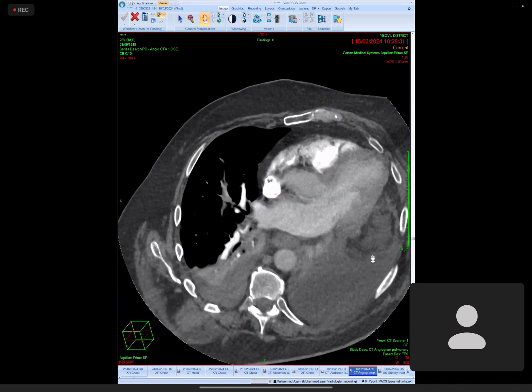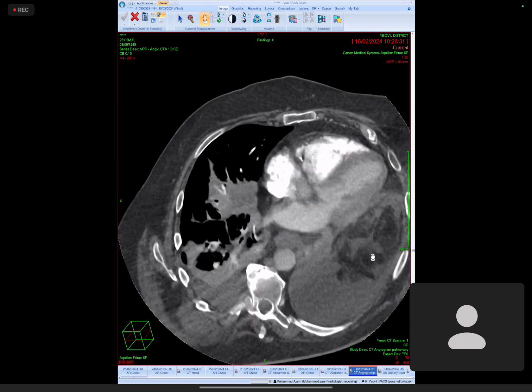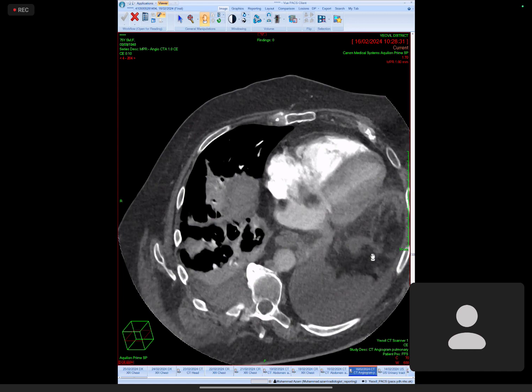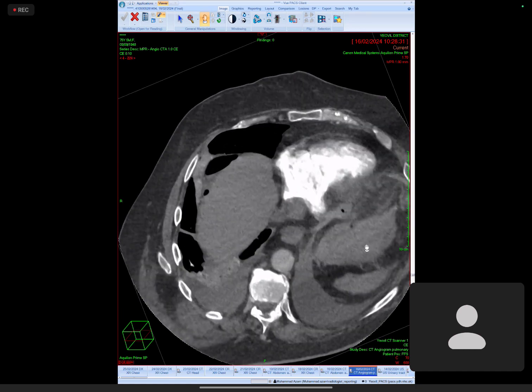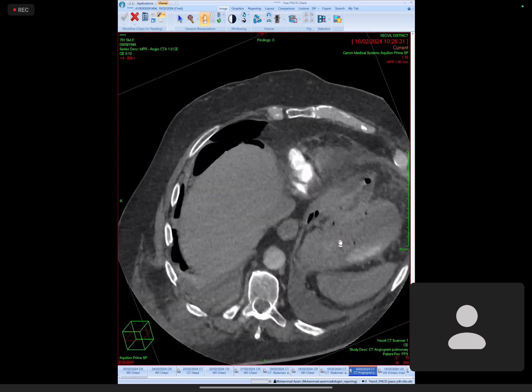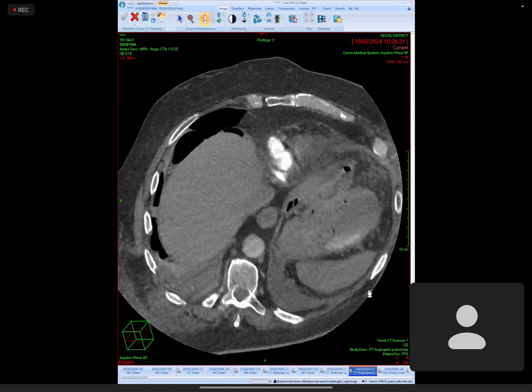There is also some basal collapse on the right side. Overall, the patient has bilateral pleural effusion, and that much I've picked up on the soft tissue window.